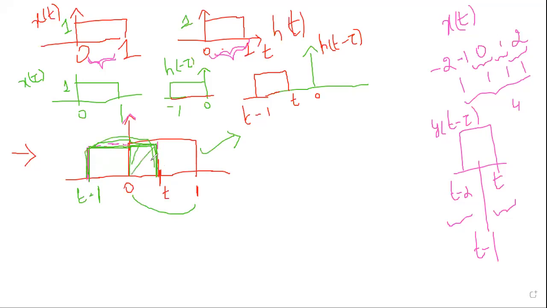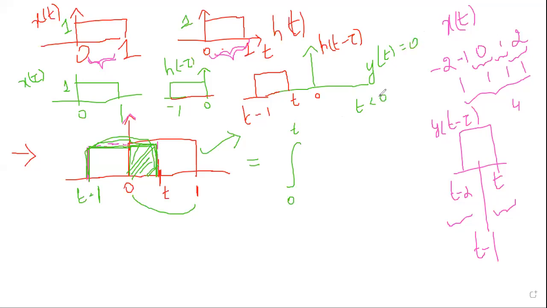So now in this diagram, if I just shade it, can you tell me the limits of integral? 0 to t. And can anybody tell me the condition of t? Case 1 I am talking about: the output is equal to 0 when t is less than 0.